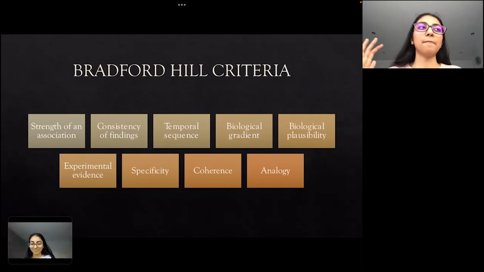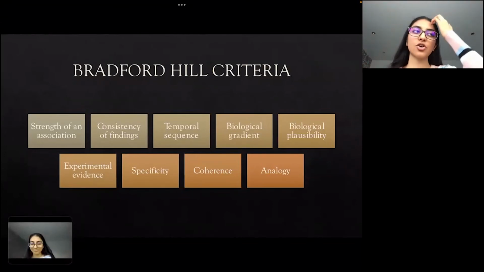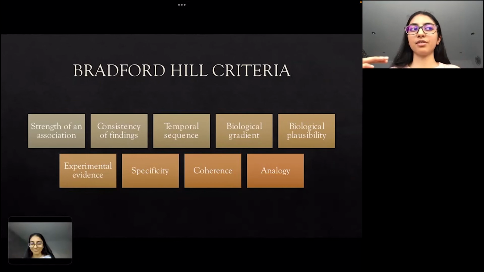And if there is, then think about what other factors could there be, which perhaps may mean it's not a causal relationship, and use the Bradford-Hill criteria to work through to help you think logically about it and see if you can come to a conclusion about whether or not the relationship is causal or not. Next slide, please.